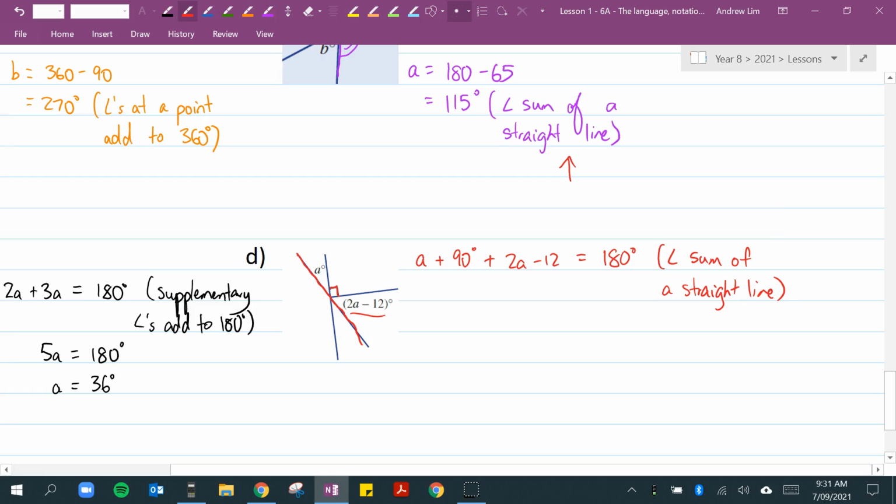Now that I've done that, I'm going to tidy this up by collecting like terms. We have a plus 2a, which is 3a. We have 90 minus 12, which is 78. And that's going to equal 180 degrees.